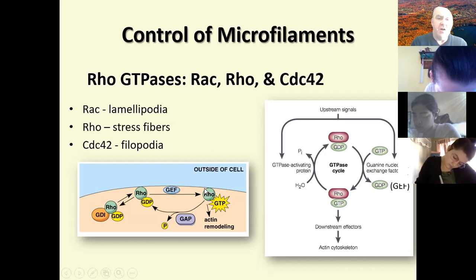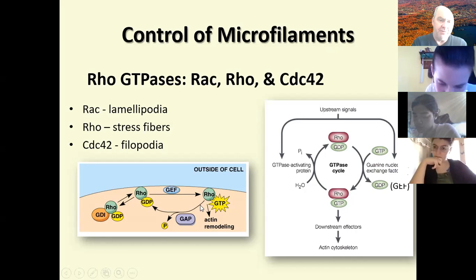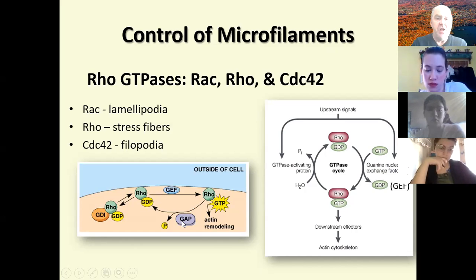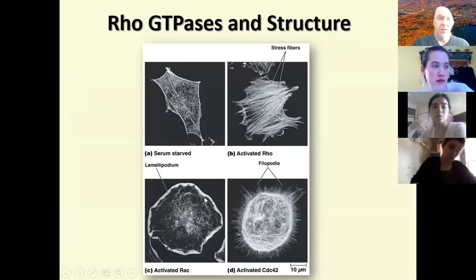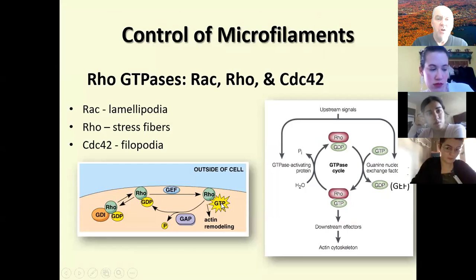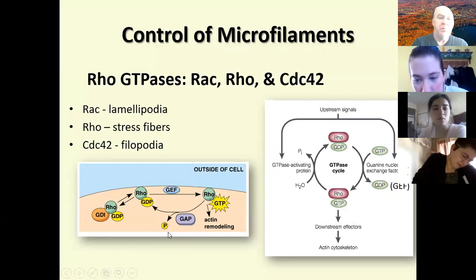Now, it's not going to stay on forever, right? With your car, whenever you've got a gas pedal, you've got a brake pedal too. What's going to shut this off then is this protein called GTPase activating protein. So GAP is going to interact with Rho, and it's going to cause Rho to hydrolyze GTP.